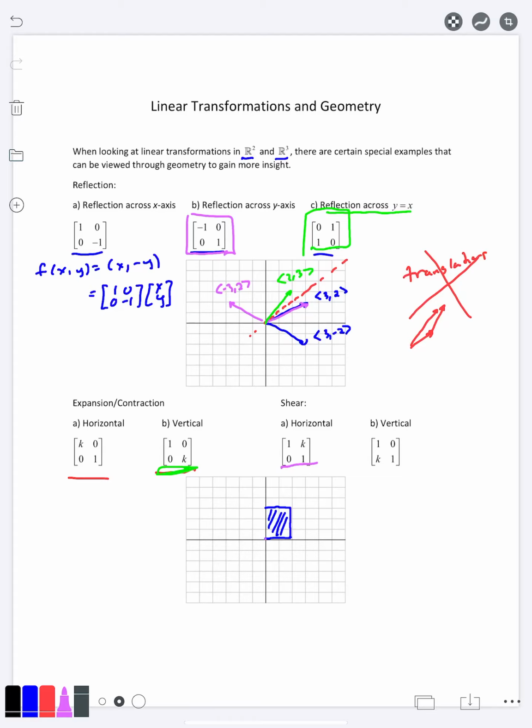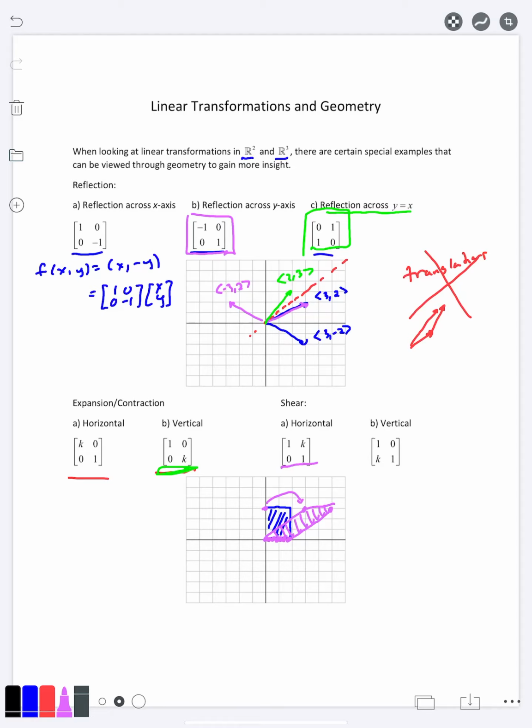So when you're at a point like this, or any of these points, you're not going to shift them at all because the y value is 0. However, as you get higher, you're going to have a y value, and you shift it by that much. So in this case, with y equal to 3, I'm going to shift it right 3 units. So this point here is going to go to that. And then what you end up getting is this shape right here.